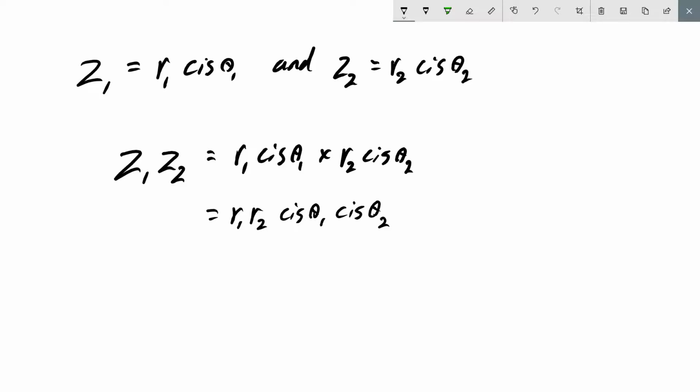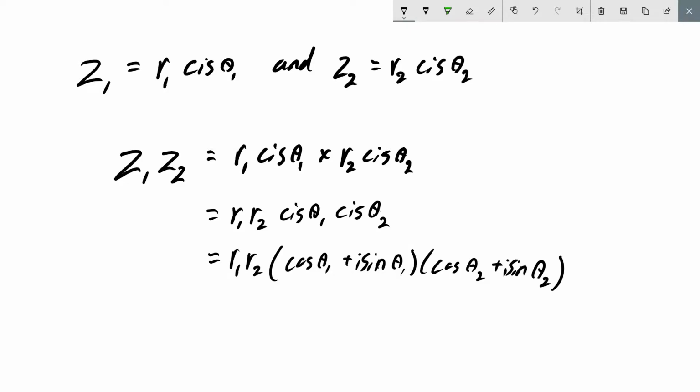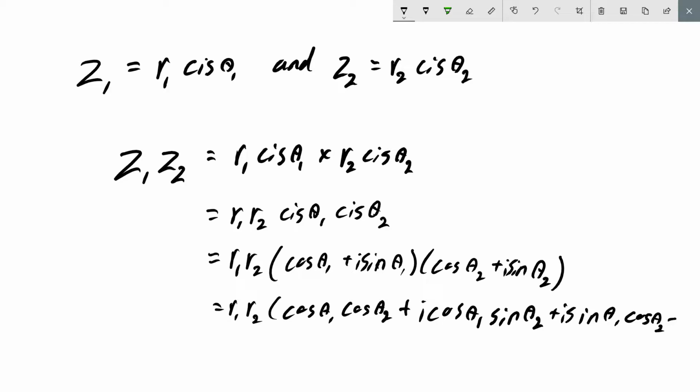So now we're going to have to expand these out. What we get is this. So now that we have this expression, we can actually expand. So we get R1 R2 lots of cosine theta 1 cosine theta 2, plus i squared sine theta 1 sine theta 2. This is still a times, this is still an i squared here.